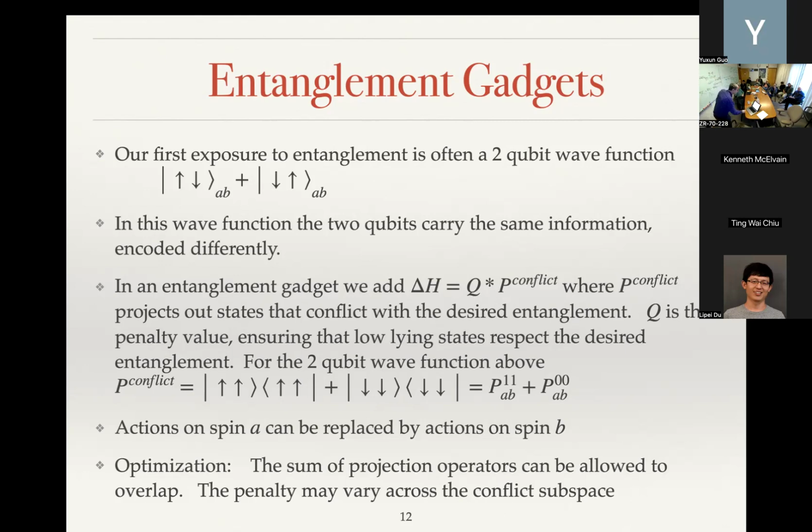That's really all that's going on. You create a projector for conflict and add a penalty, and then off you go. As long as you start in a state that satisfies it, and you time evolve from there slowly, they will just stay representing the same information.